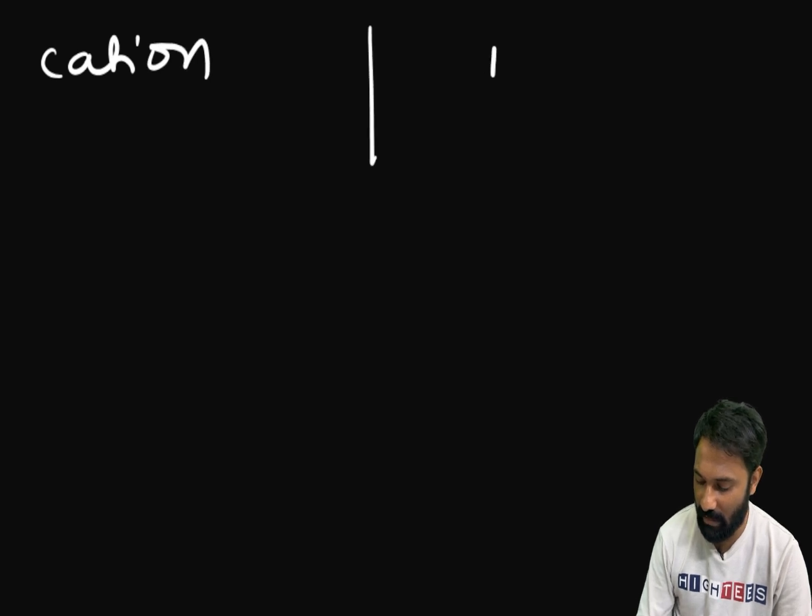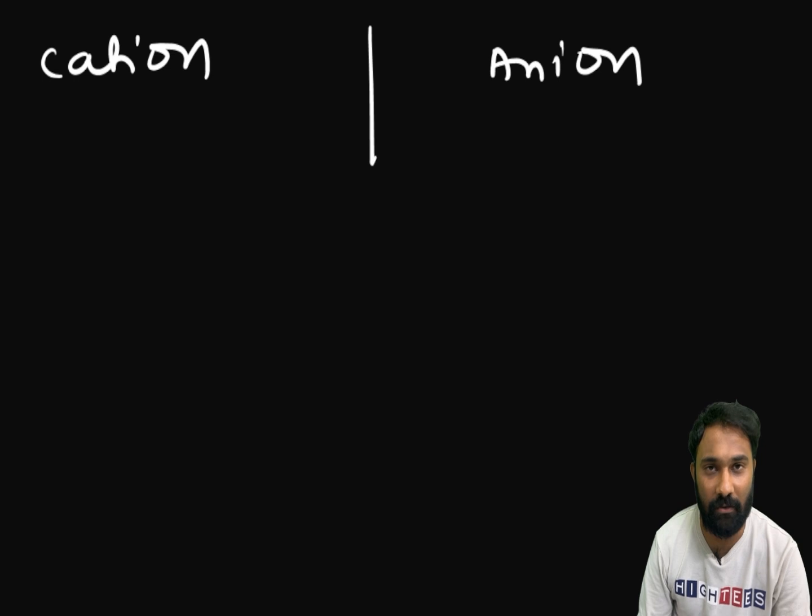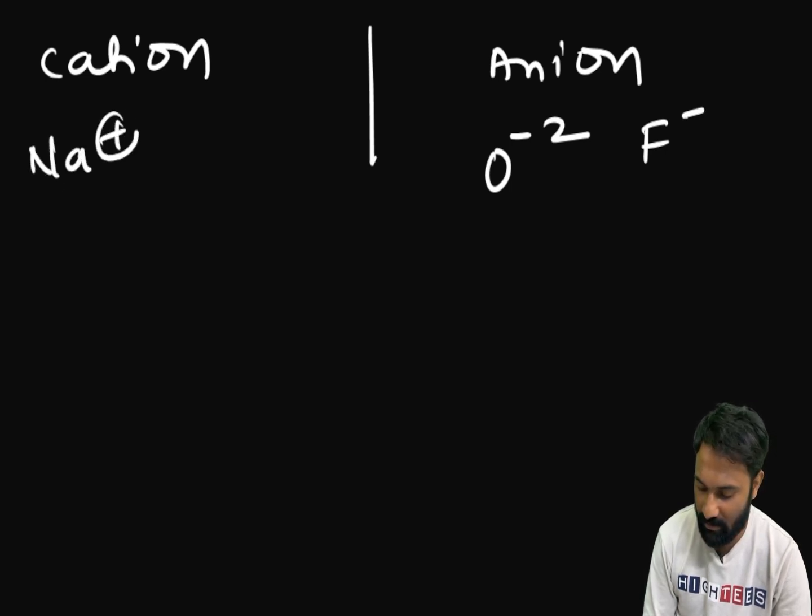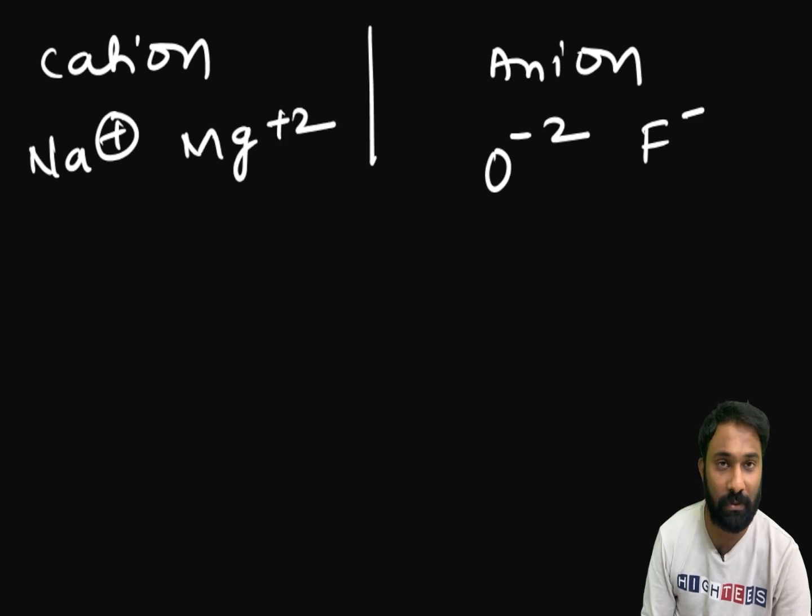Now, for the cation and the anion. For the anion, I was taking O2 minus and F minus. For the cation, I was taking Na plus and Mg plus 2.